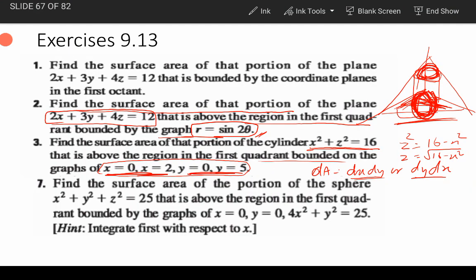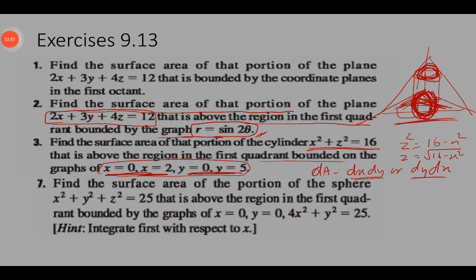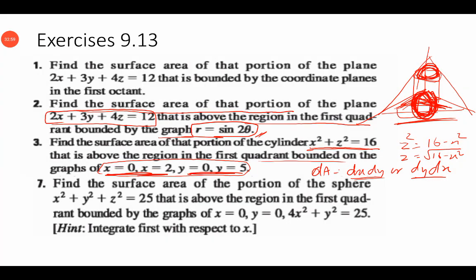What was that problem? Problem number 4. There has been a hint given. Find the surface area of the portion of the sphere x square plus y square plus z square is equal to 25, isn't it?